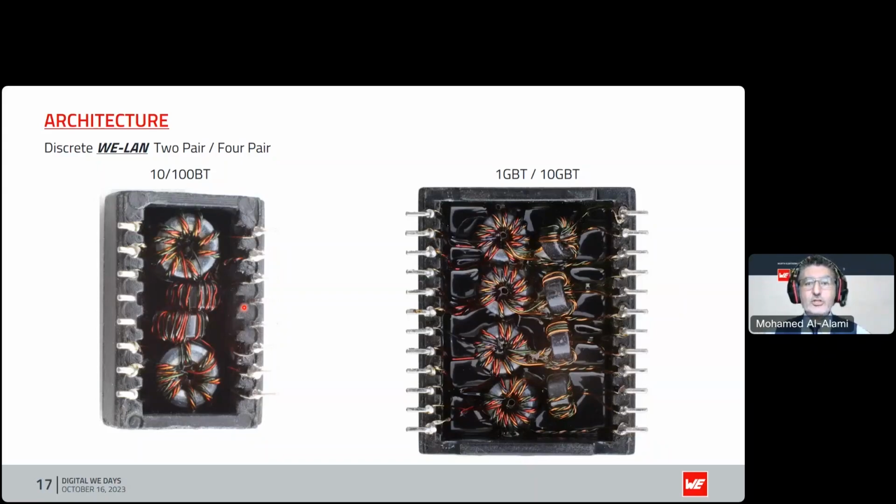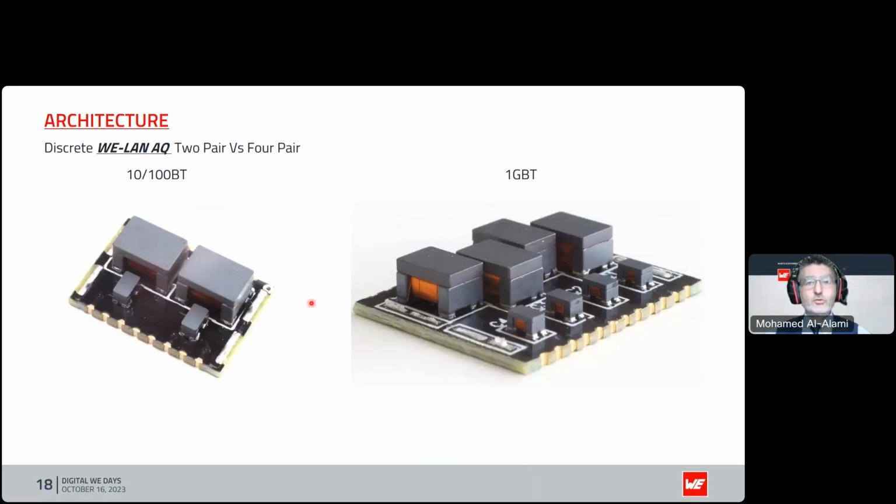So in addition to this type, which is very standard, and you've got quite a lot of these in the market, we also have introduced what we call a LAN automated quality. In this situation, this is a pick and place type component where we have got the two signal transformers for 10/100 and the two common mode chokes placed on a little PCB, which allows us the same functionality exactly as the standard discrete LAN transformers that you saw on the previous slide.